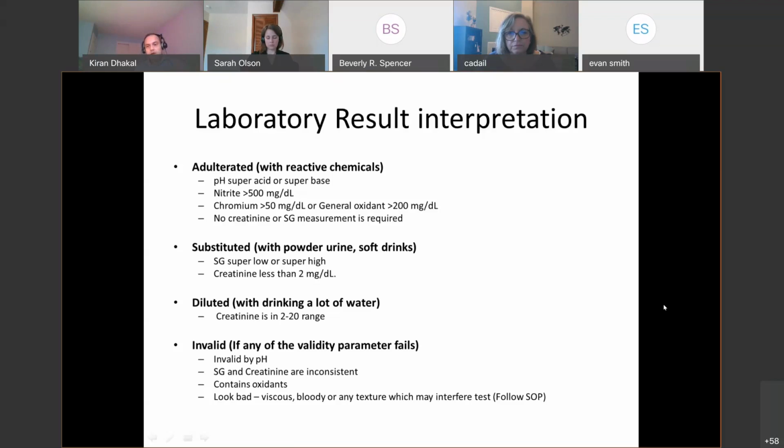And we report the urine specimen as invalid by any validity parameter: invalid by pH, or invalid by specific gravity, creatinine concentration, or invalid by presence of oxidant, or if it looks very bad, viscous, and the laboratory technician will follow the lab SOP and determine that the texture of the urine is no good for running on the instrument.